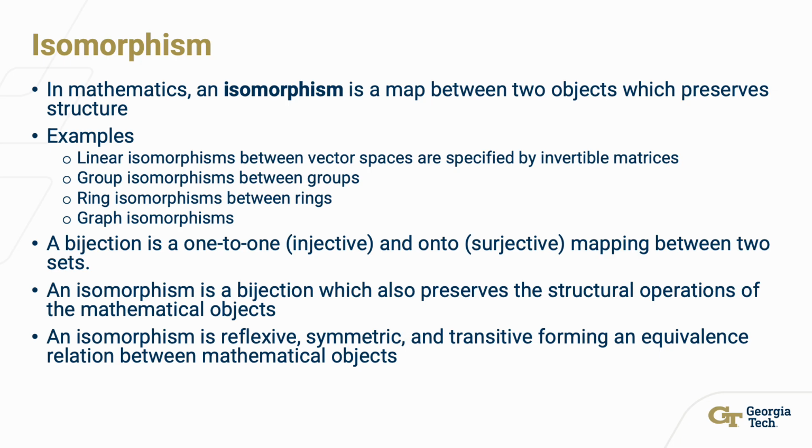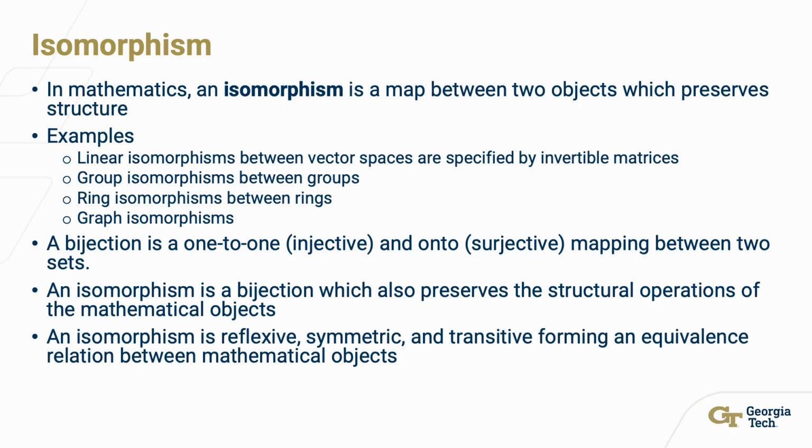Additionally, in mathematics, an isomorphism is a map between two objects which preserves structure. In linear algebra, we have isomorphisms between vector spaces, which are specified by invertible matrices. In abstract algebra, there are group and ring isomorphisms. In graph theory, we have graph isomorphisms, and topology also has isomorphisms.